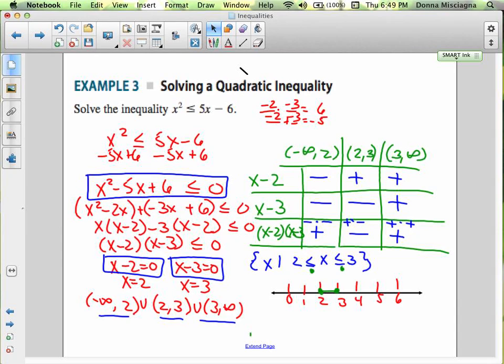So for these ones, here's our fact: we got everything on one side, and we set it equal to 0. Actually, let me write in a different color so it stands out. Then we factored.